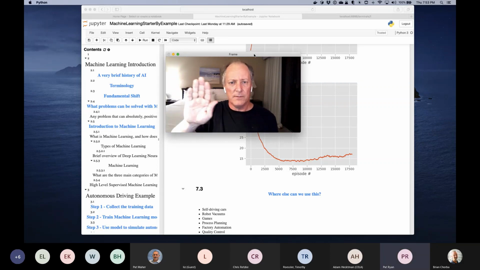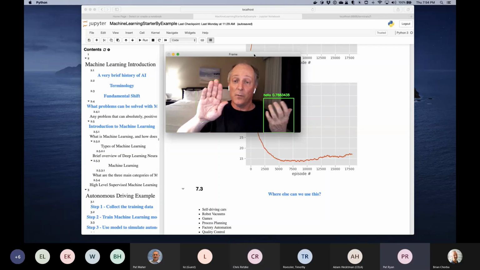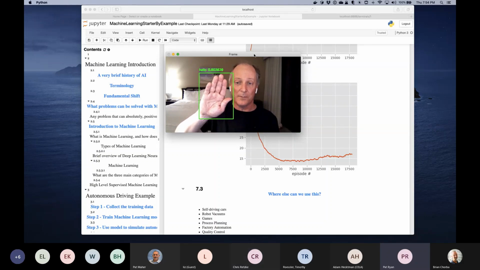So if I do, there we go. This particular model is showing the sign language for hello. It's detected it in the real-time video feed, and it draws a box around my hand and tells me what sign language it is and what the probability is.